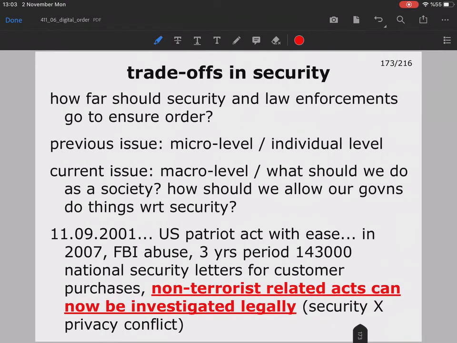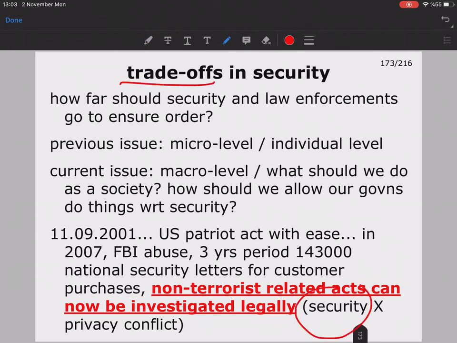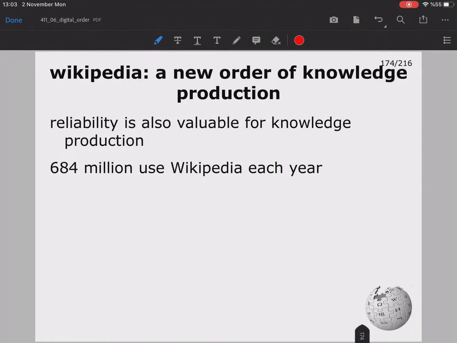Violations of privacy as well. So non-terrorist related acts can now be investigated legally as well. So this results in a trade-off in security. Yes, you will have security, but it conflicts with your privacy concerns in this society as well.